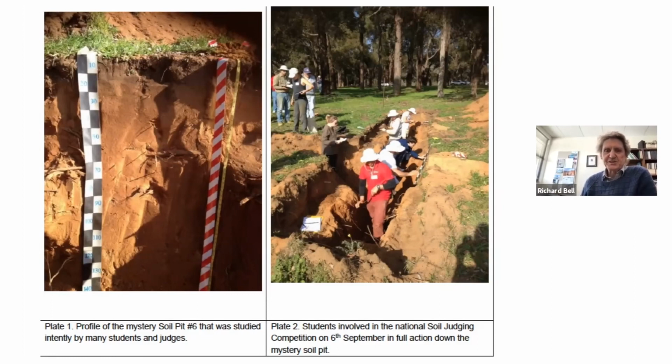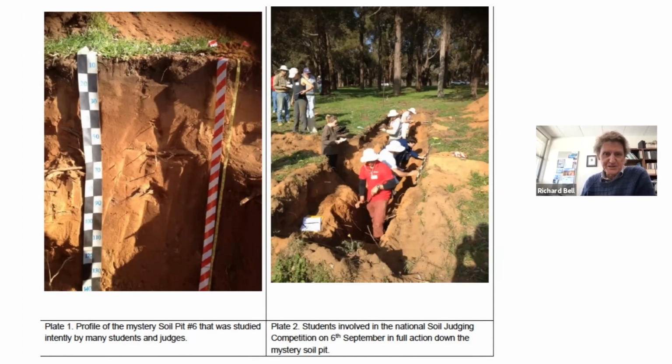Soil Science Australia, which is the professional body for soil scientists, normally holds annual soil judging competitions, and they gather teams, usually of undergraduate students, and they'd normally spend a day or a couple of days with a tutor learning the process, and then they would front up and be given a soil profile and have to describe it in a fixed period of time, and then they get judged according to who got the best classification.